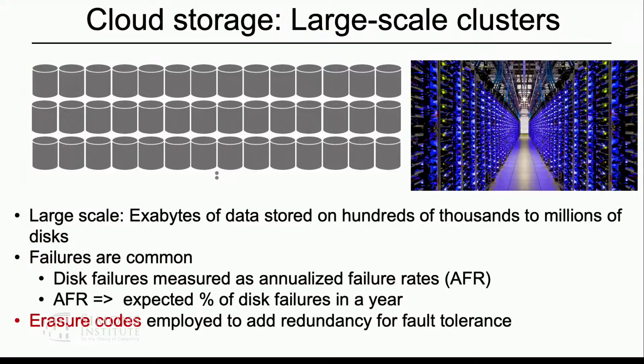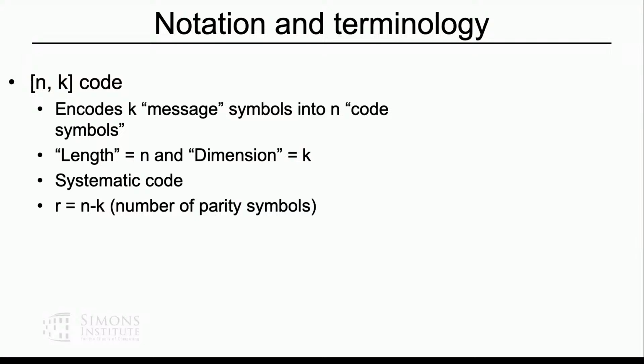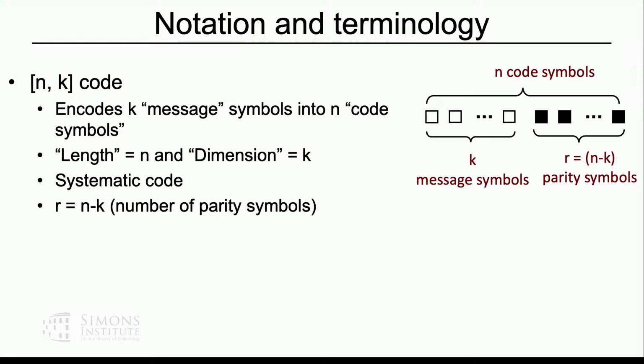Okay, so before going into the details, let's make sure we are all on the same page in terms of notation. When I say erasure codes are used in these distributed storage systems, we have an (n,k) code where k refers to the dimension, that is the number of message symbols, and n refers to the length, or the number of code symbols. Often these codes are systematic, and you'll see similar pictures like this, where an empty box represents a message symbol, and a colored box represents a parity symbol.